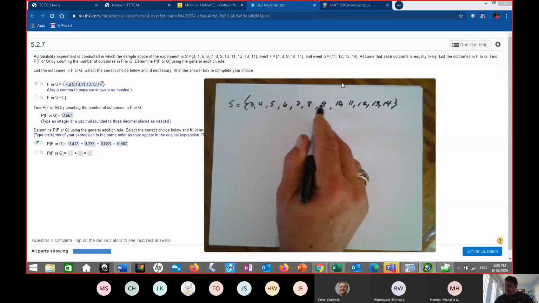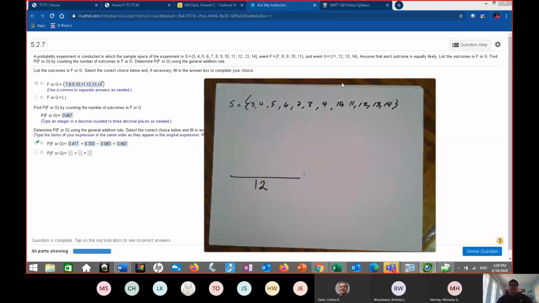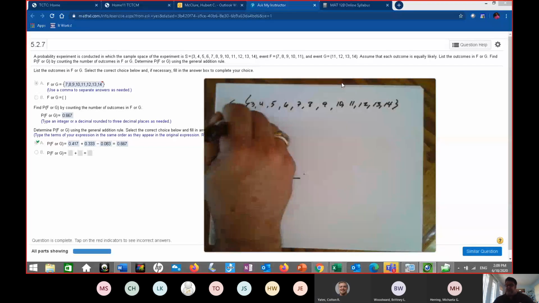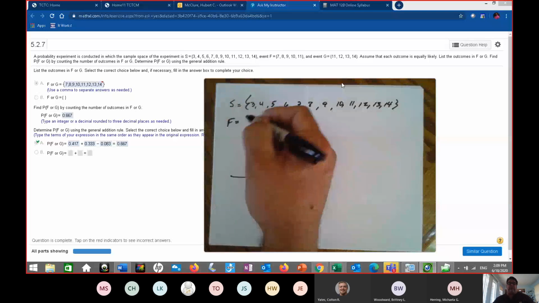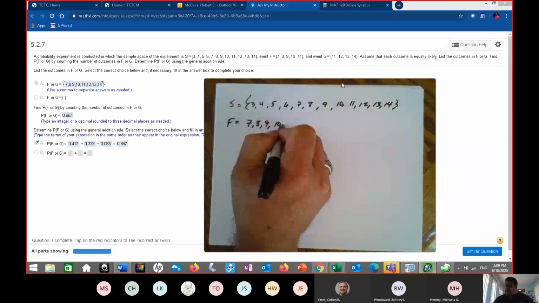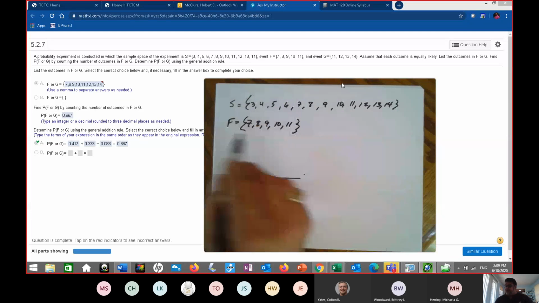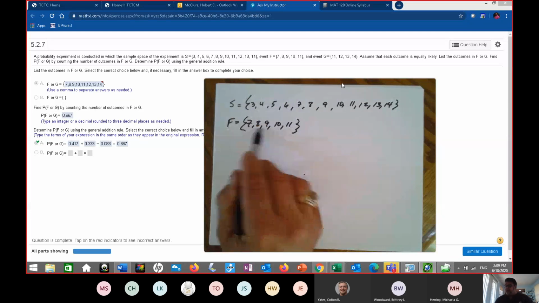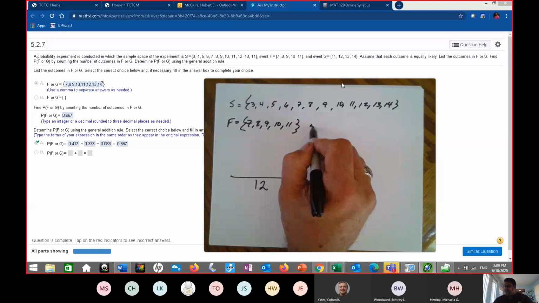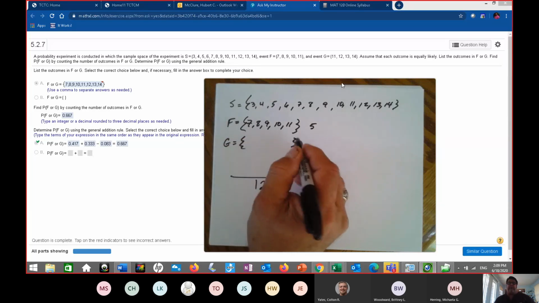So your denominator is equal to 12. Everybody with me? And of course, F is equal to 7, 8, 9, 10, and 11. So if you wanted anything to do with F, that would be a numerator of 5. And G would be a numerator of 4.